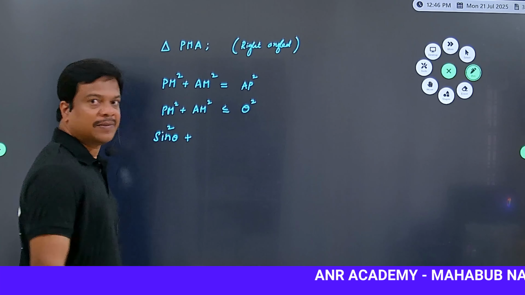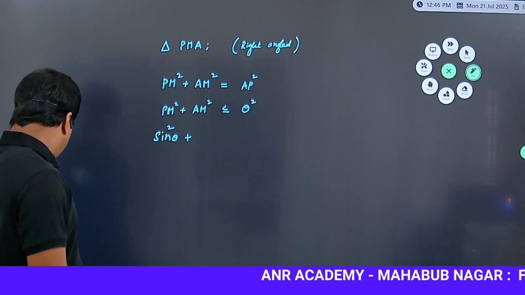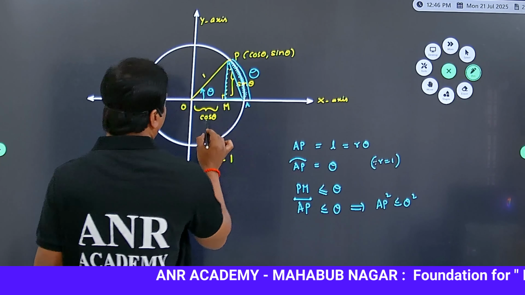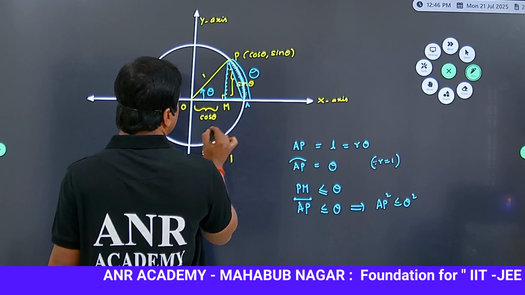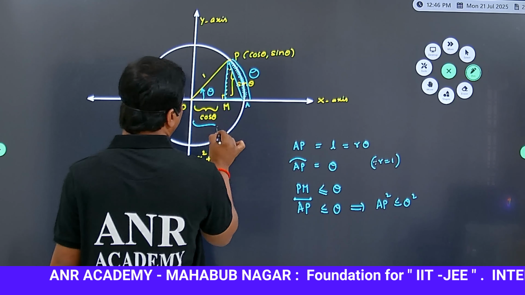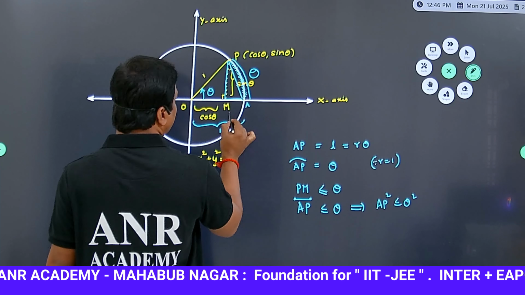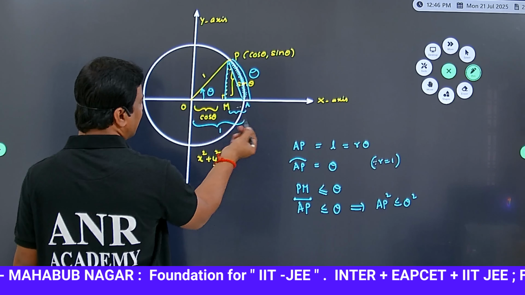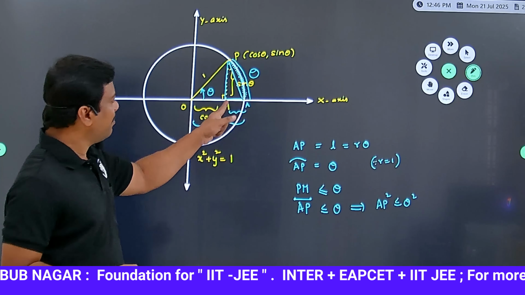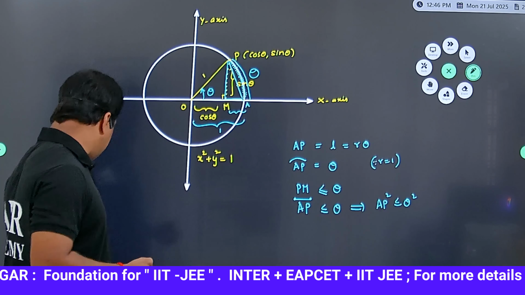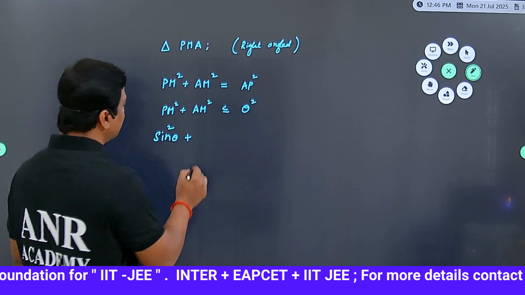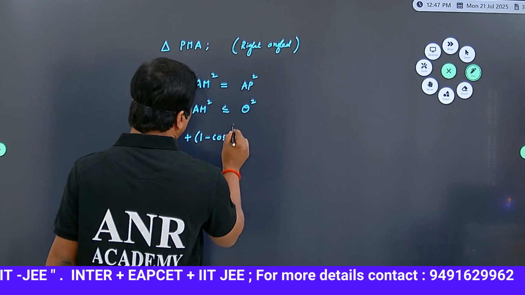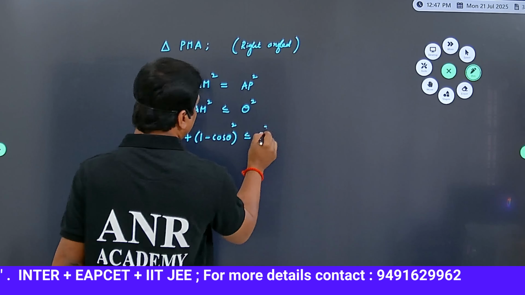Next plus, now AM square. Observe the figure. Since it is of 1 unit radius, A to M, from the entire 1, if you remove cos theta, you will get AM. So the AM distance is nothing but 1 minus cos theta. So here you have to write 1 minus cos theta whole square less than or equal to theta square.